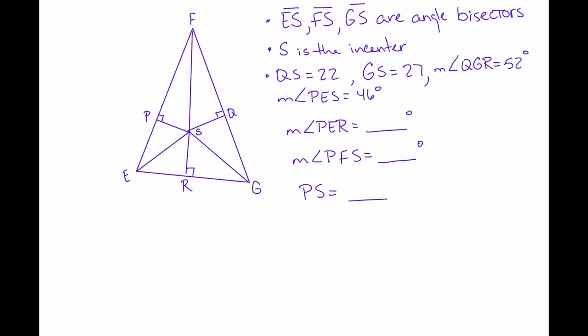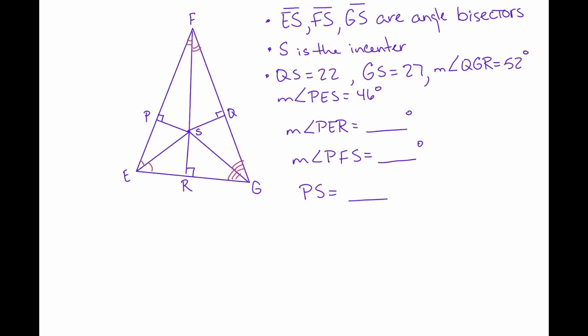Here we have a triangle, and it says ES, FS, and GS are all angle bisectors. So we're going to go ahead and mark those. If all these angles are bisected, you're going to mark those. It doesn't matter how many you put in as long as it's the same amount for both angles.